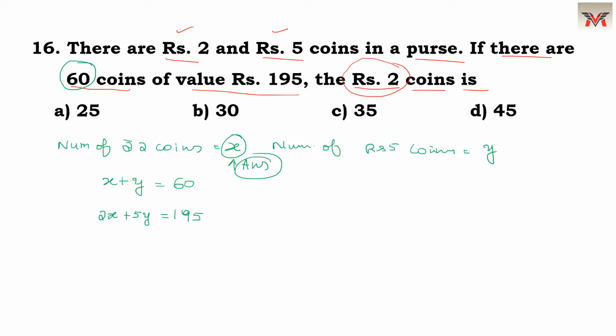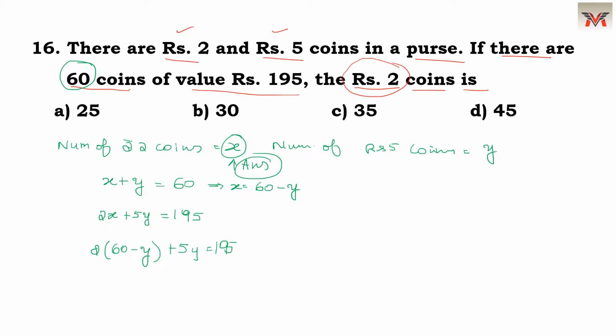So I have x plus y is equal to 60. So I will write from this one, x is equal to 60 minus y, and I'll substitute it in the second equation, that is 2 into 60 minus y plus 5y, that is equal to 195.